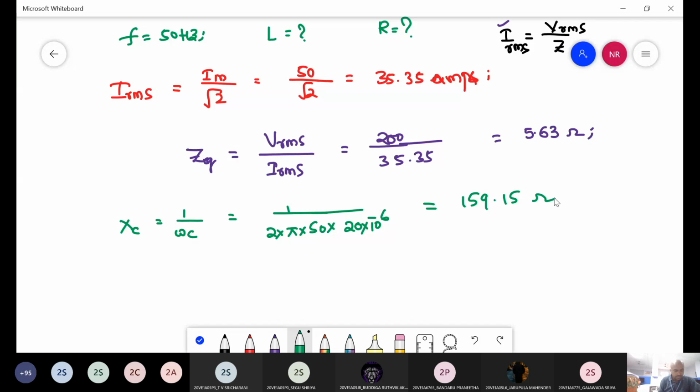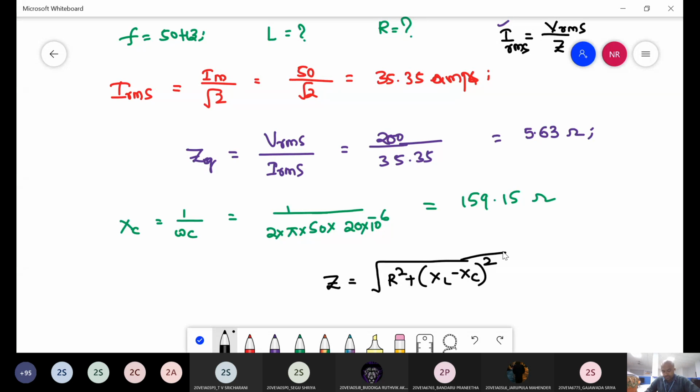Then next, what do we have to calculate? Z is equal to under root of R square plus (XL minus XC) whole square. Here R is unknown, XL is also unknown.